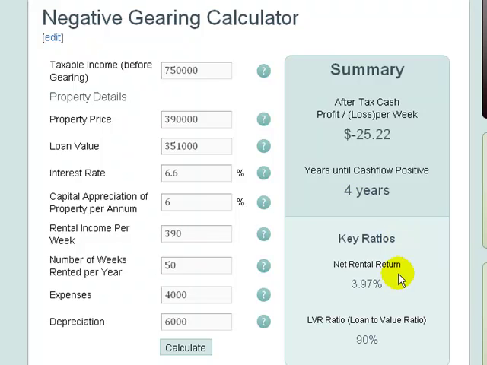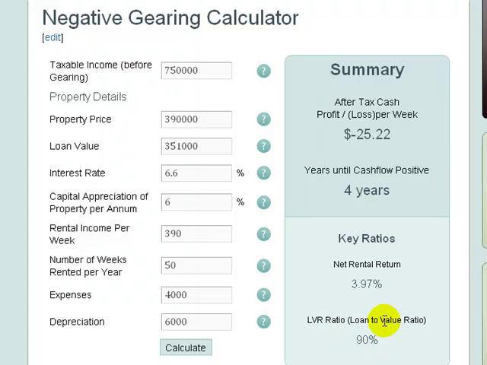Now we see a net rental return here of 3.97%. That's within the range that you would expect. Different areas are going to have possibly a higher rental return, but their capital appreciation may not be the same. And we're looking at an LVR, loan to value ratio, of about 90%.